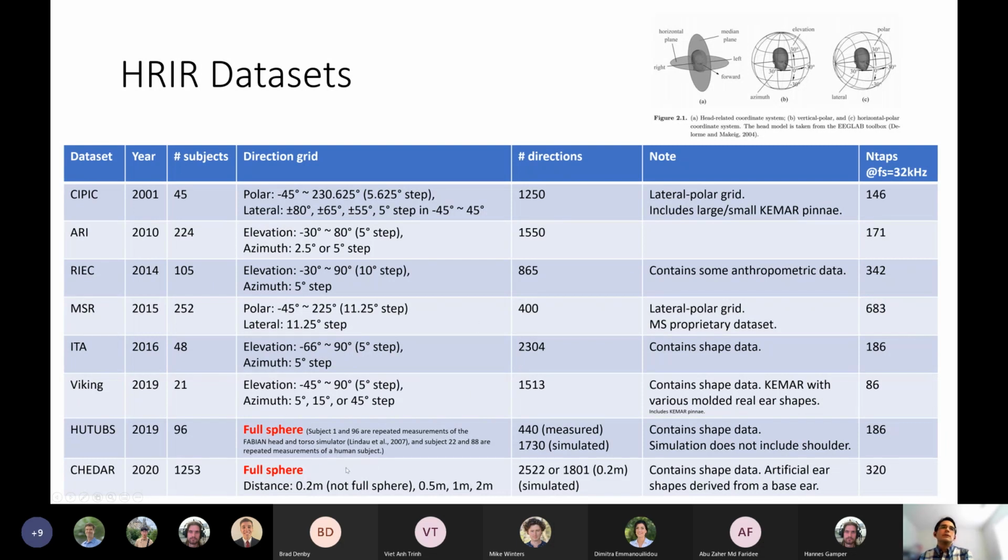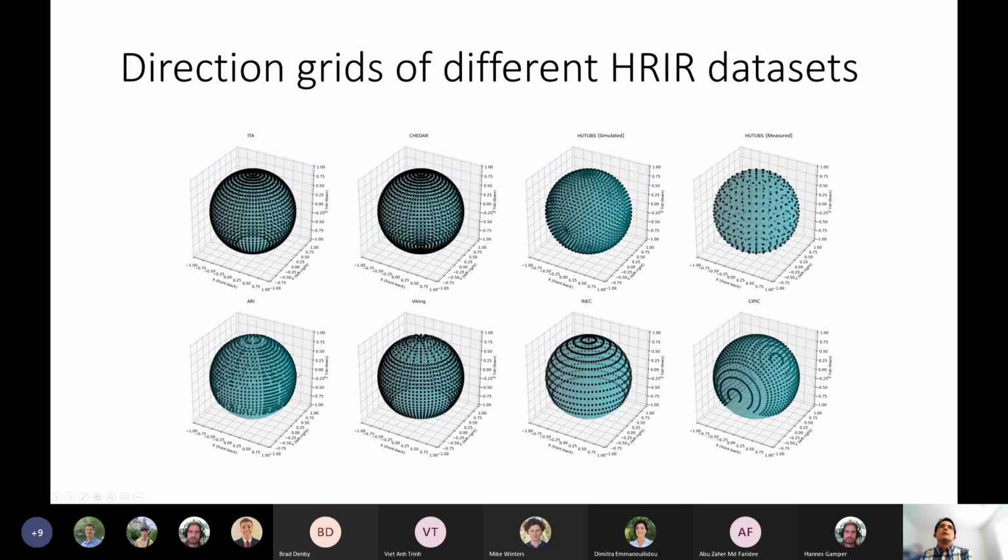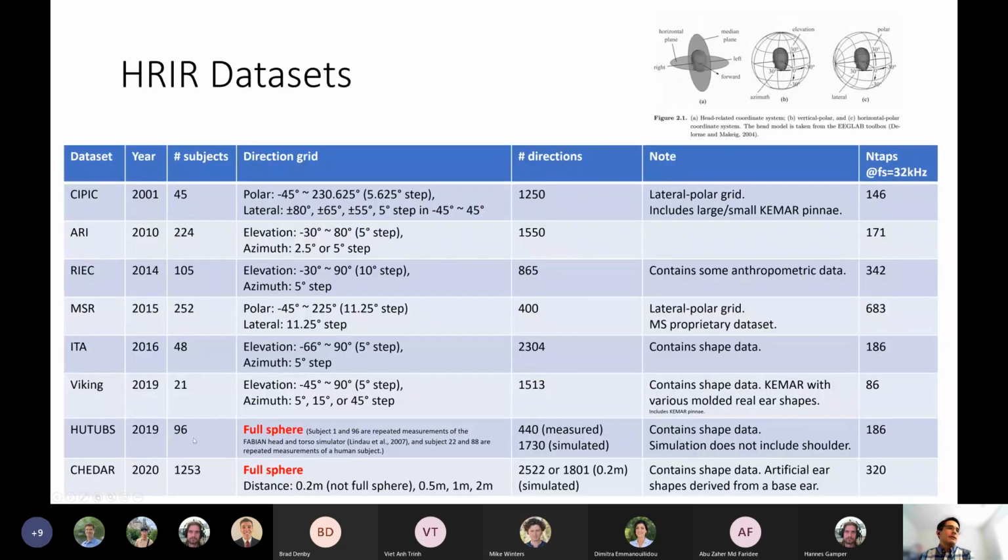So that's very nice. We can utilize these datasets to train a model which covers the entire sphere. Another thing to mention is this latest dataset in this list. This is a fully simulated dataset, so it doesn't use real-world measurements, but relies on acoustic simulation.